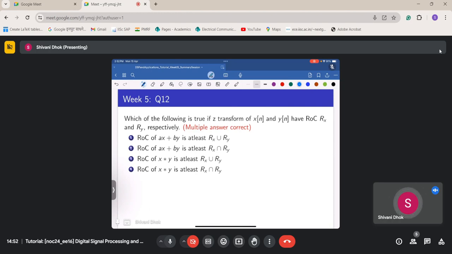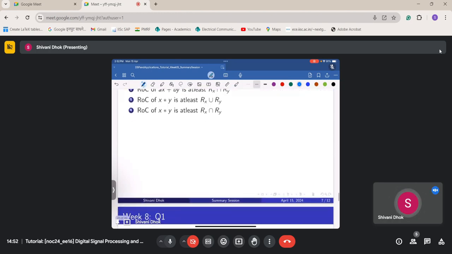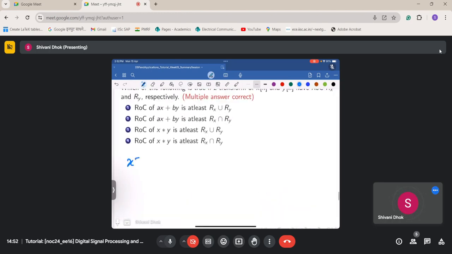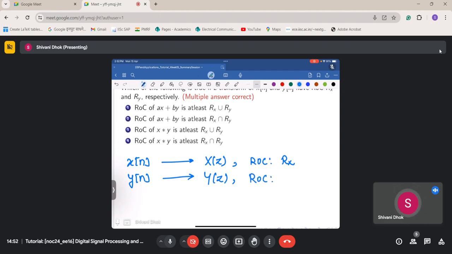So I have two signals, x of n, whose Z transform is X of z and its region of convergence, or ROC, is Rx, and y of n, whose Z transform is Y of z and its region of convergence is Ry.